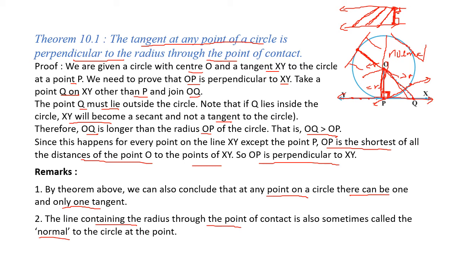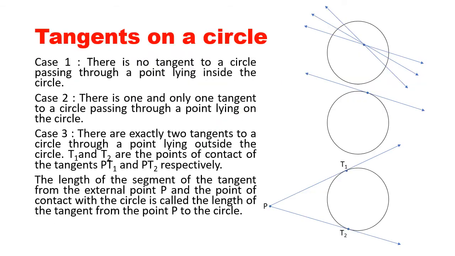The normal of the tangent always passes through the center. So this is certain terminology that you should remember. So again, what is Theorem 10.1? The tangent at any point of a circle is perpendicular to the radius through the point of contact. So the tangent is always perpendicular to the radius.